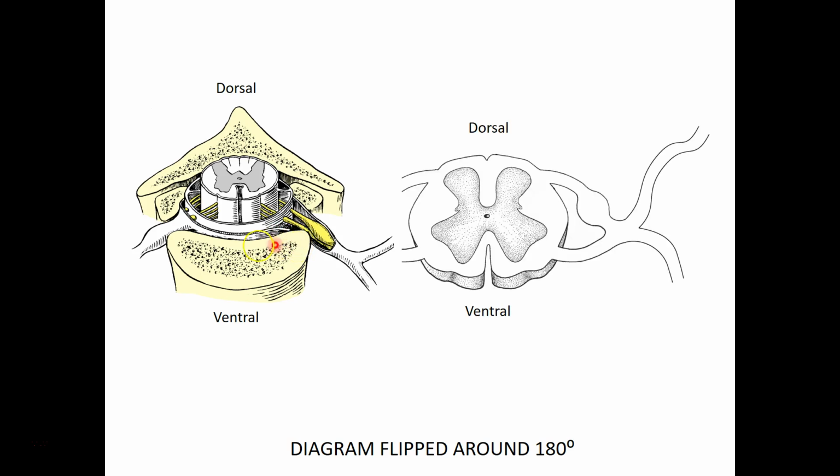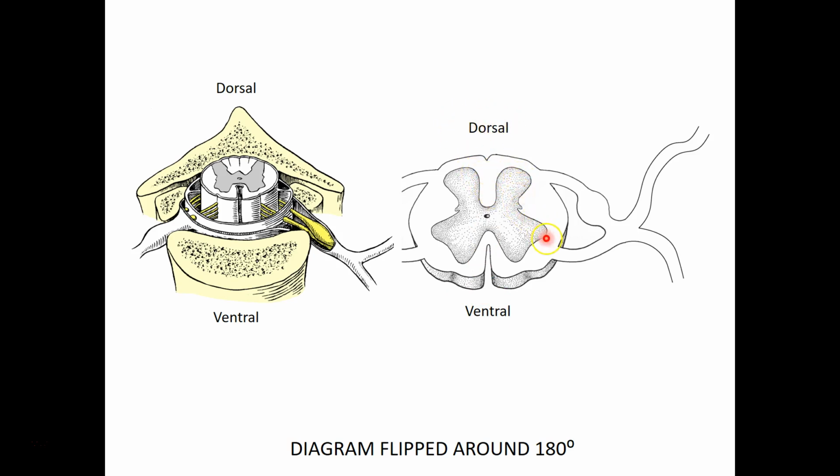So let's take this and actually make it even a little bit more schematic. And this is a diagram that I drew, and it's really one that I think is pretty useful for understanding these pathways. So it's the one that we will be using for really the remainder of the course. So again, we've taken out the bones, we've taken out all of those linings. Now we're looking at, again, ventral towards the bottom, dorsal towards the top.